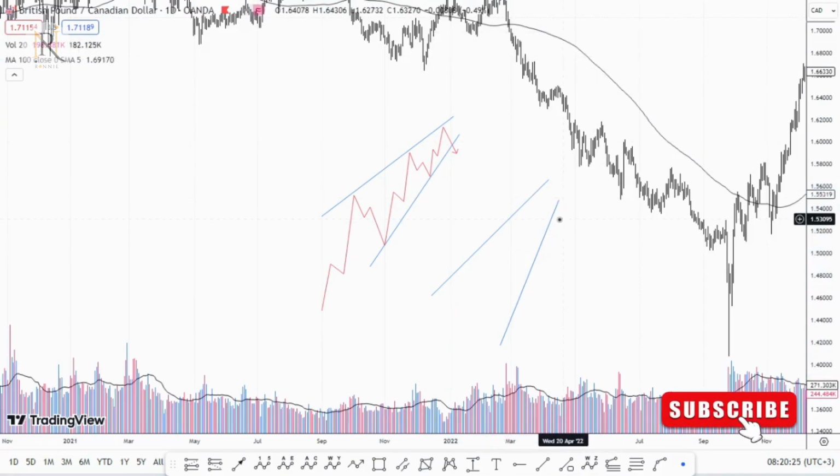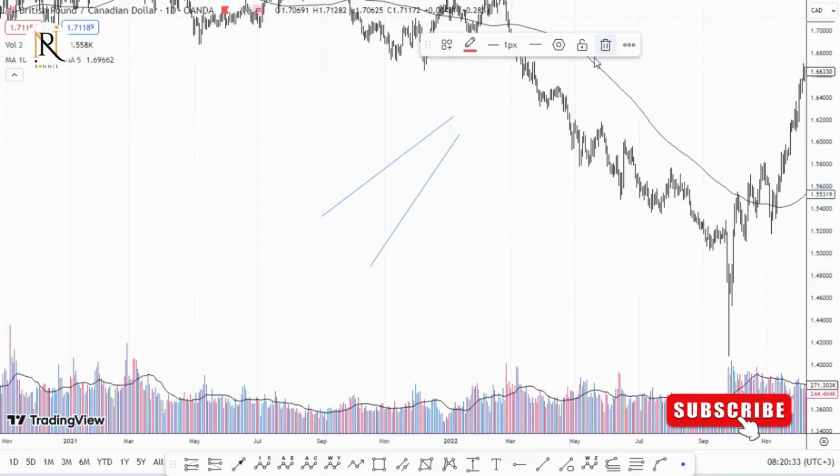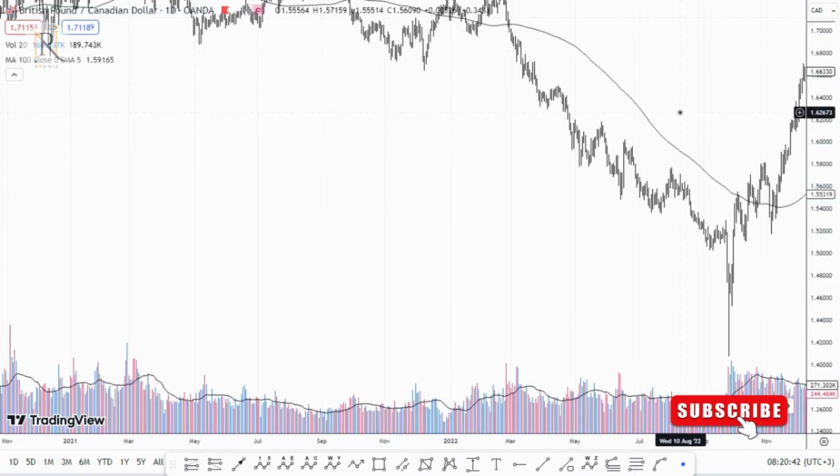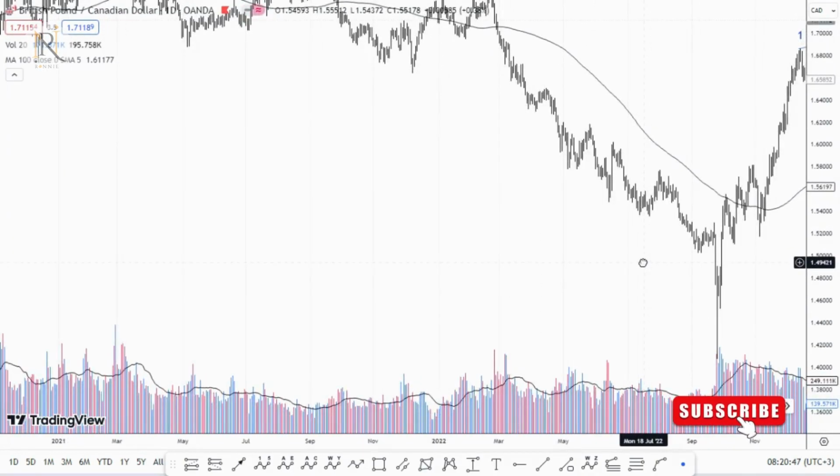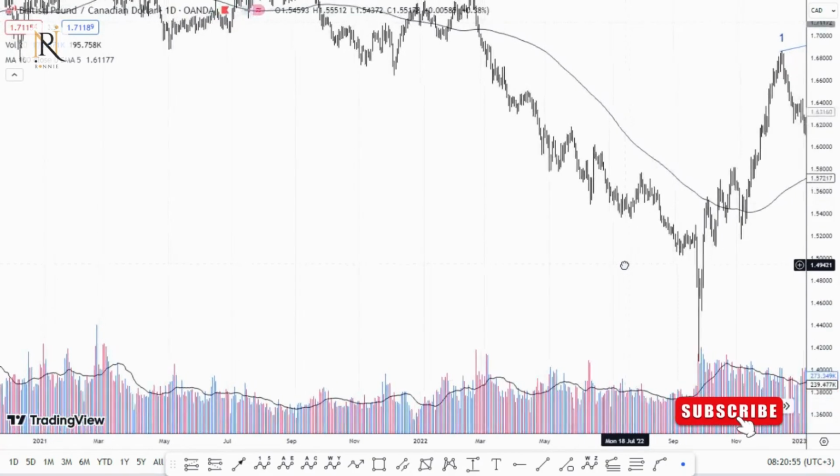So these two types of wedges are common, and the most important thing in trading them is what kind of wedge you are intending to trade. That is the first and most important question you should be asking yourself, and that takes us to today's analysis. This is a live analysis, so if you are watching it immediately when I post it, then you are lucky enough to get the insight on the forecast on this currency pair, that is GBP CAD.